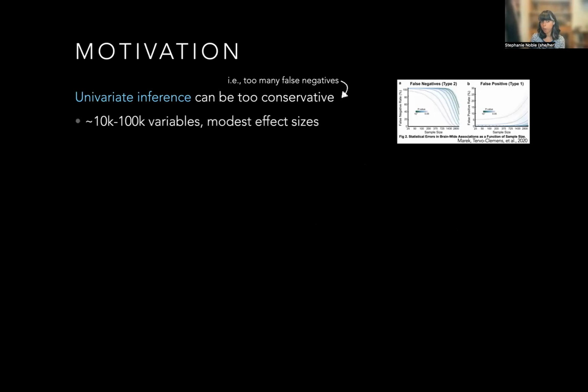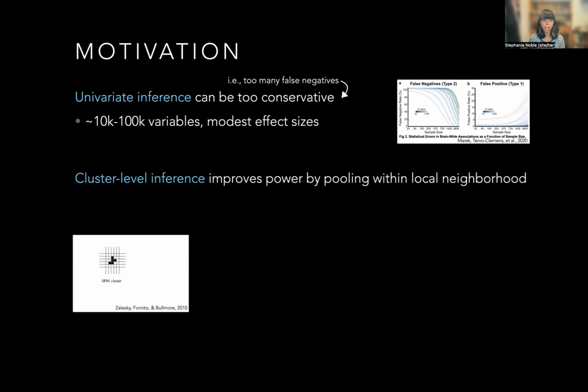There are also many variables if you're doing multiple comparison correction, and accumulating evidence has started to suggest that we have quite modest effect sizes, including something I'll be talking about here at OHBM. But cluster-based inference has been proposed as one procedure that can start to address this. It improves power by pooling within the local neighborhood, as we've discussed previously.